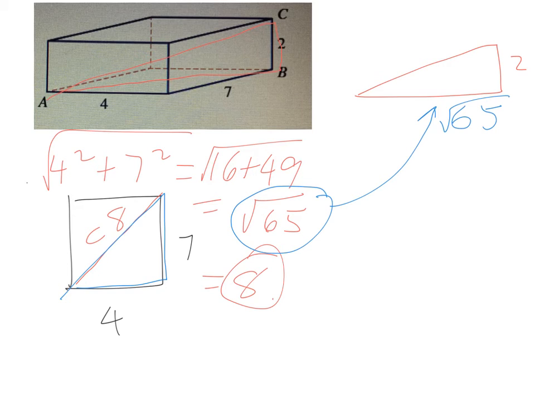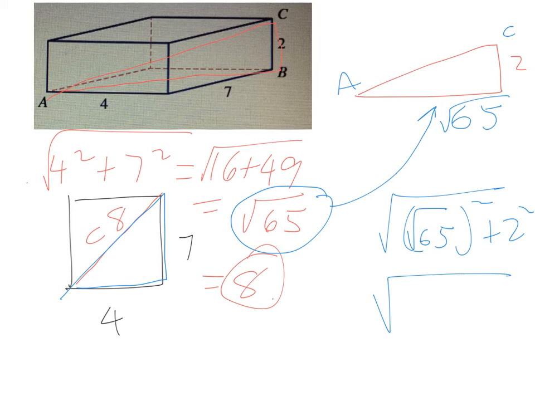And now once again, we just go through Pythagoras' theorem again. We're going to find the distance A to C. So that is the square root of the square root of 65 squared plus 2 squared. Now what's really cool is that the square root squared becomes 65, it's just the same thing, plus 4.